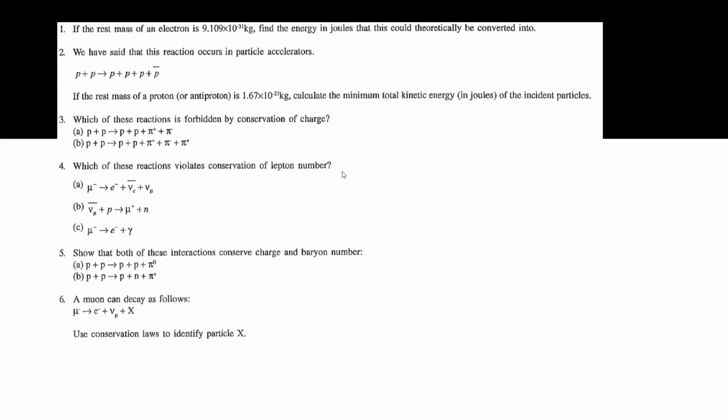All these show that these interactions conserve the charge and the baryon number. When you check the charge, there are 4 protons and a pi neutral. The charge of a proton is +1, +1, +1, +1, and because the pi is neutral, there is no charge, so charge is conserved.